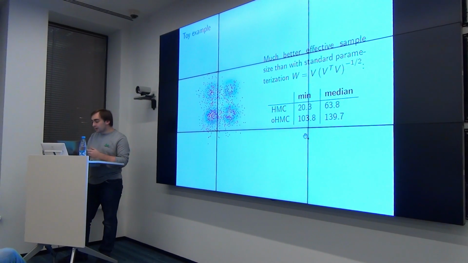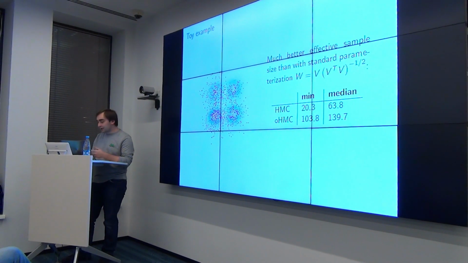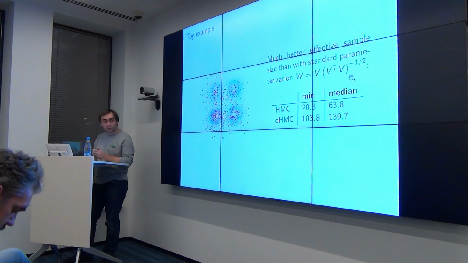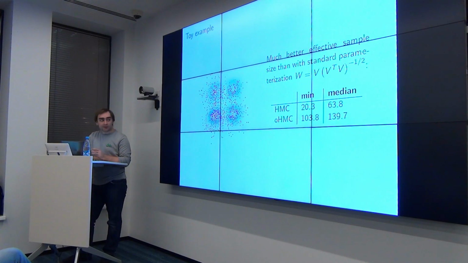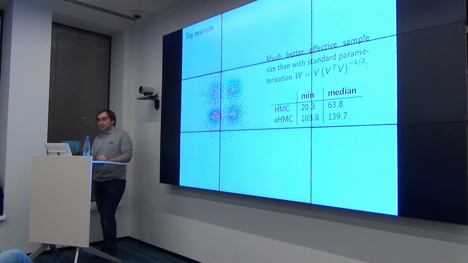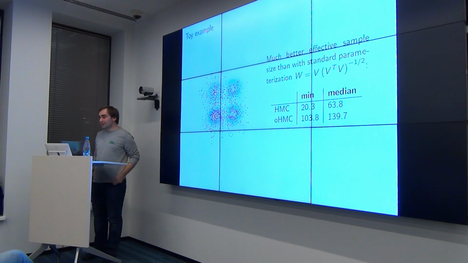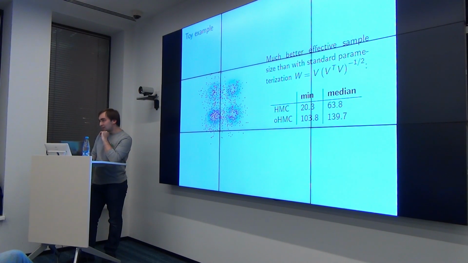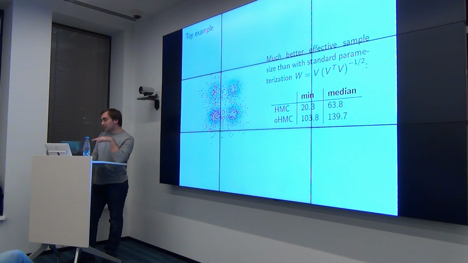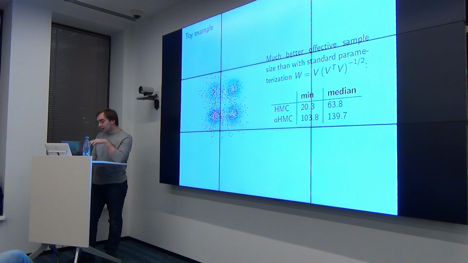We computed effective sample size for standard HMC in this parameterization, and we computed effective sample size for our sampler. And we can see that it's much bigger. What is effective sample size? The formula is quite unintuitive, but basically you take the number of samples and divide by the autocorrelation time.